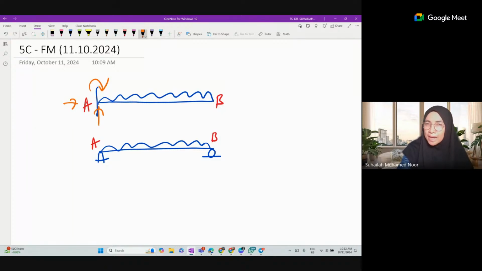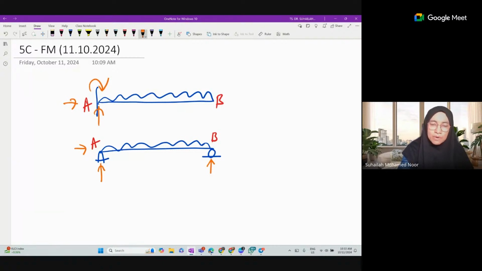Same goes to simply supported beam. Pin support has two unknown reactions, and roller support has one unknown reaction. And these three unknown reactions can be determined using three equilibrium equations. So these are the basic principle of determinate structure.